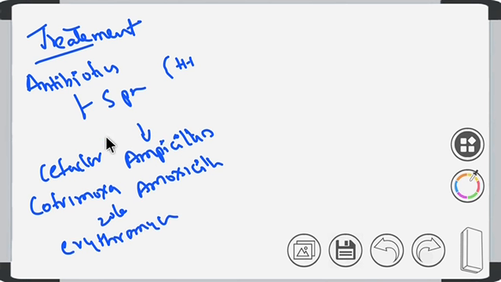So first, the drugs that we can give are ampicillin and amoxicillin. If the patient is allergic to these drugs, then we can give cefaclor, cotrimoxazole, erythromycin.